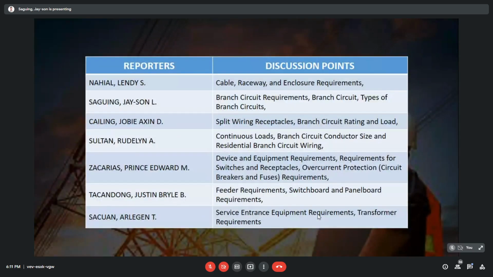So good evening, guys. We are group 6, the second to the last group to report. The reporters are Naya Lendi, whose discussion is cable, raceway, and enclosure requirements.